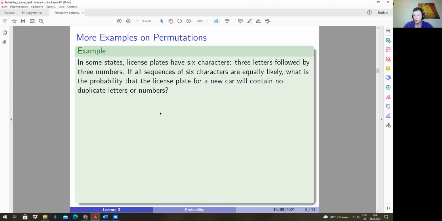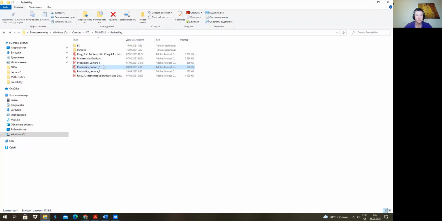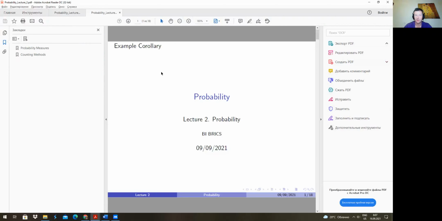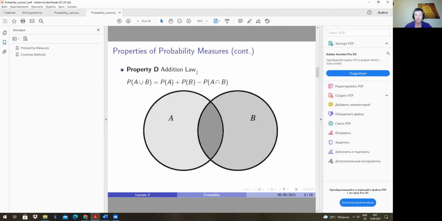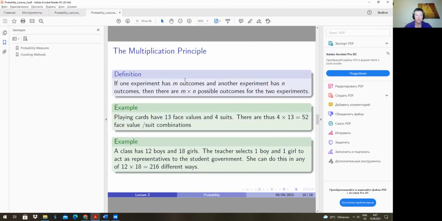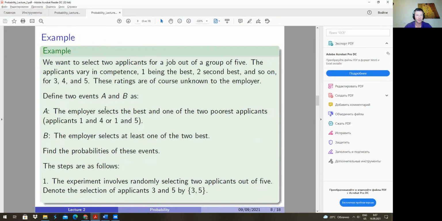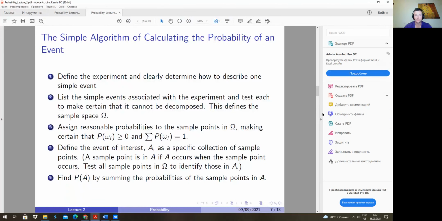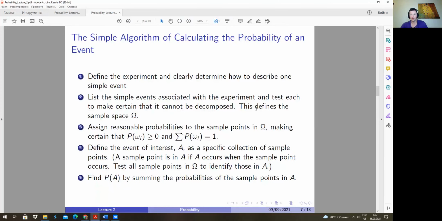Okay, so let's start with the first step. If you remember, or if not, I will remind you, we need to apply this simple algorithm of probability counting. So first the experiment is: we are selecting one license plate, and one simple event consists of 6 characters, 3 letters, 3 digits.